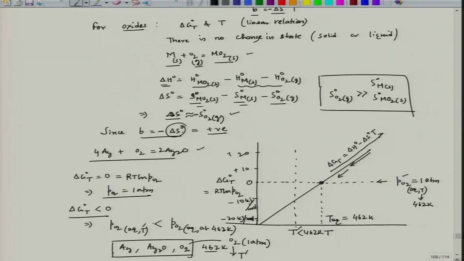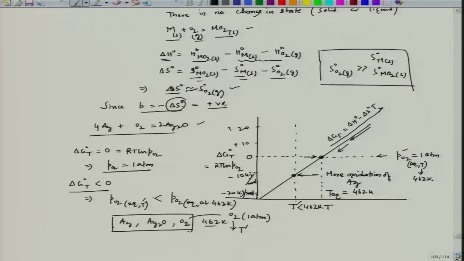So, Ag will oxidize and form Ag2O. That means if I go to T prime at this location, starting from this location, I will have more oxidation of Ag.